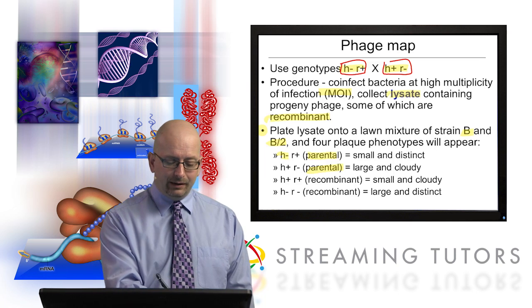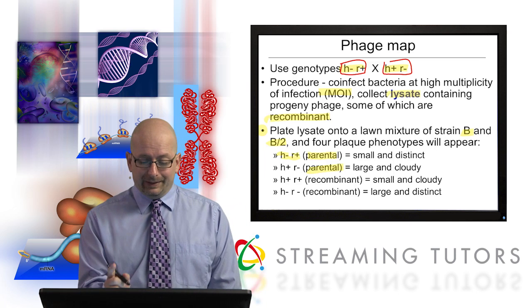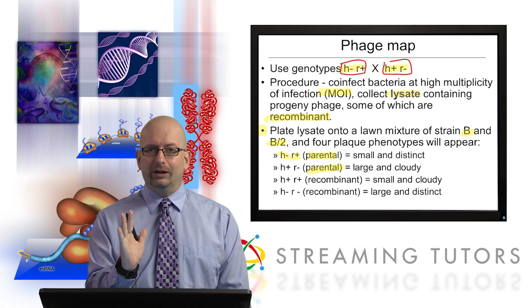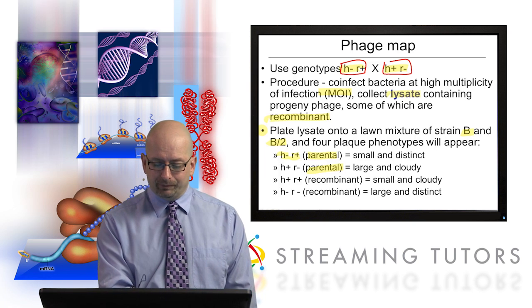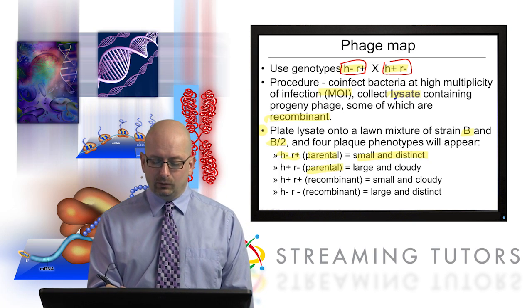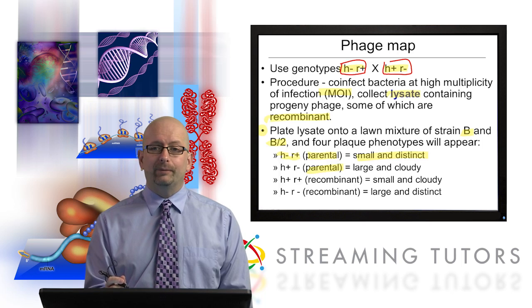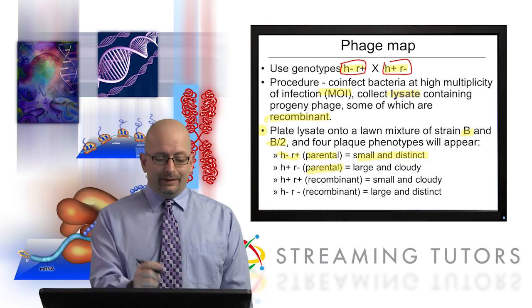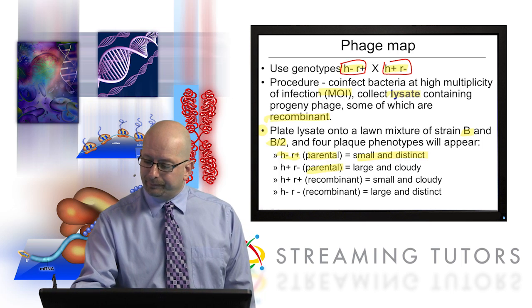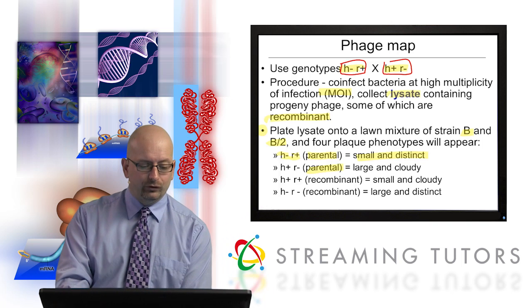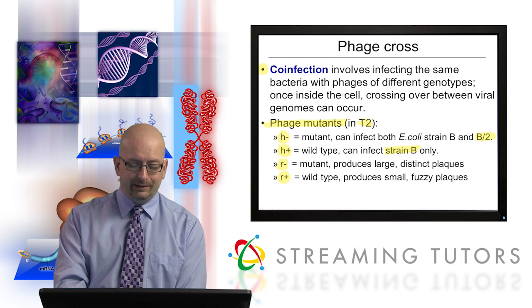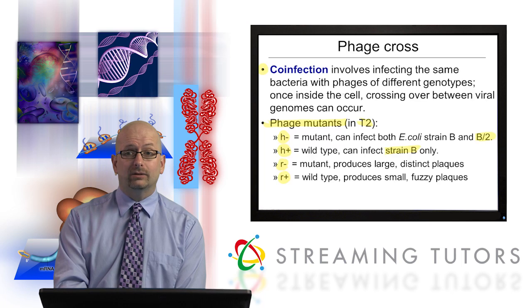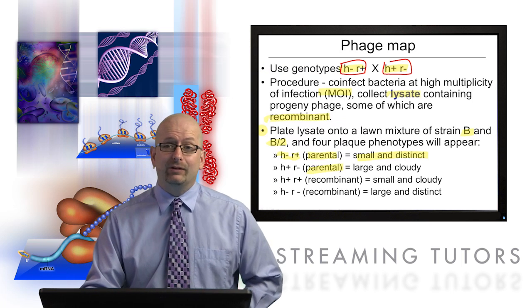So H minus R plus, now stick with me on this, I think it'll make sense. Small and distinct. Why is it small and distinct? Well, remember, R plus means small plaques, and that's what we're getting here.